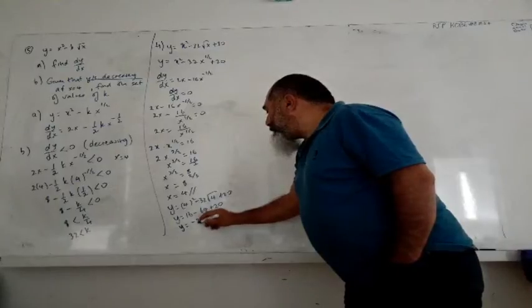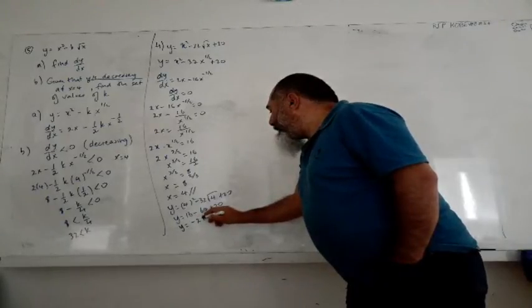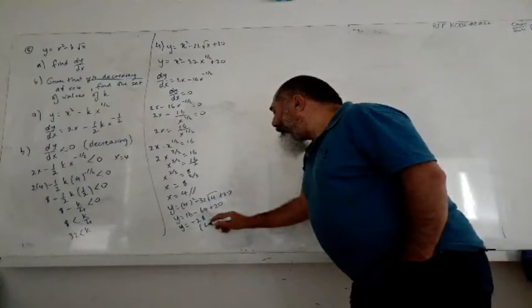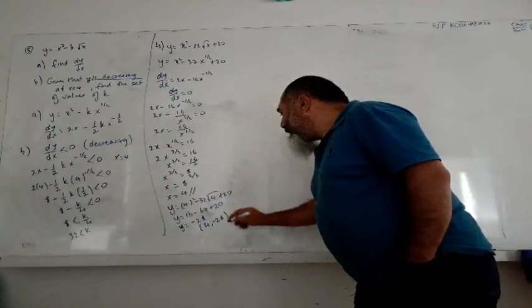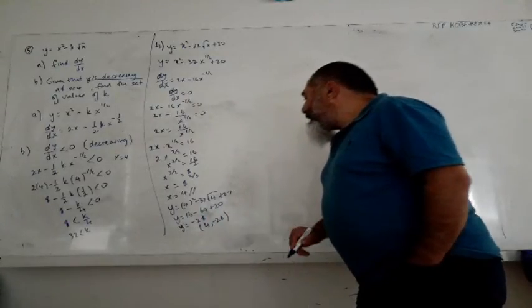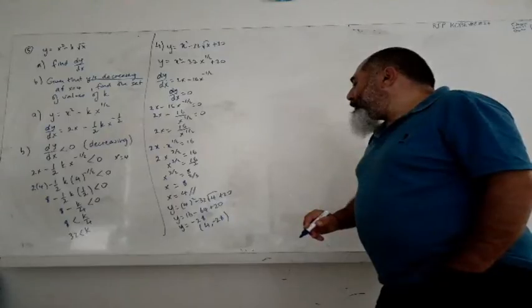So (4, minus 28) is the coordinates of the turning point.